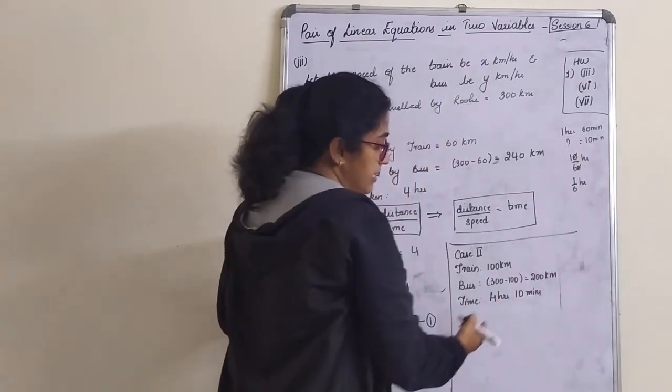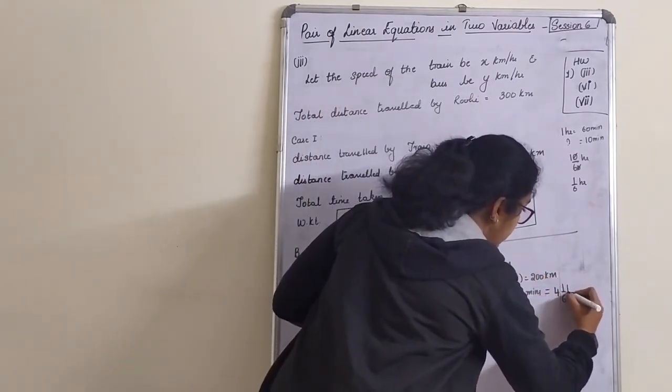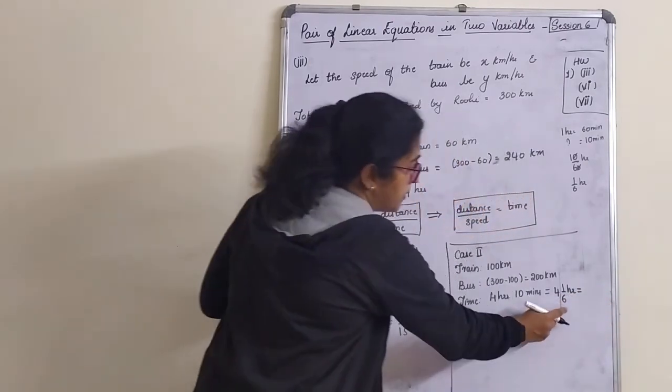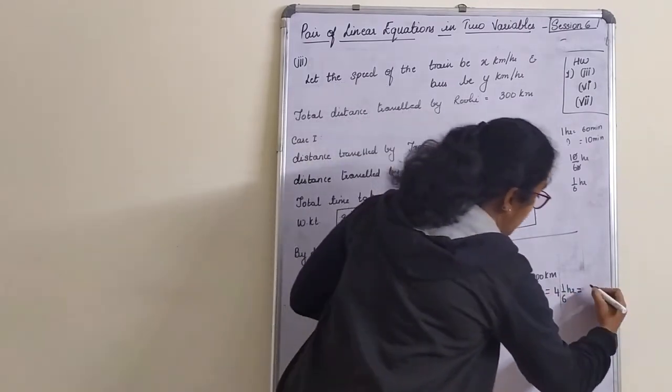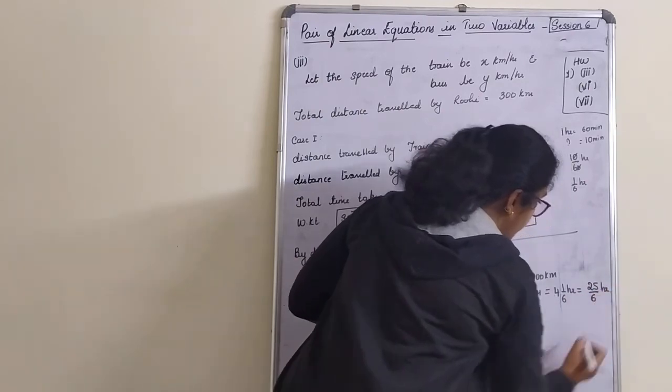So 4 and 1 by 6 hours is 6 fours are 24, 24 plus 1, 25 by 6 hours.